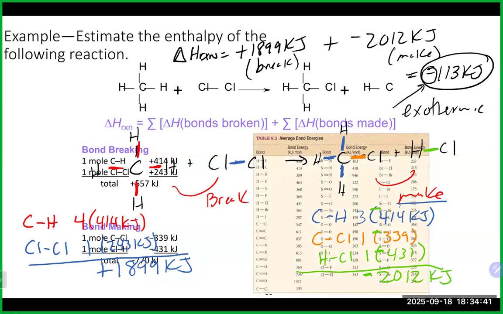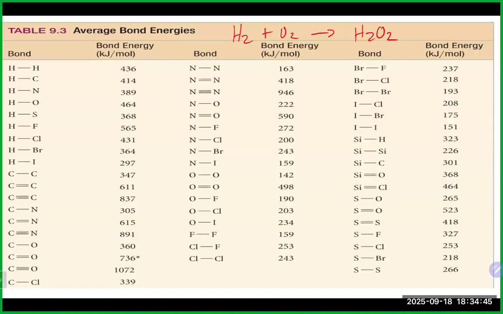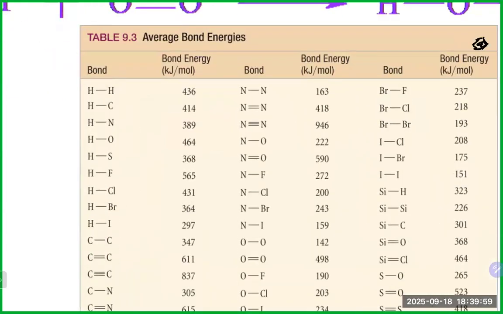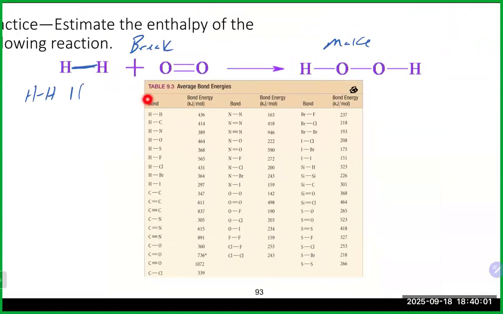All right, so why don't you try one here? H2 plus O2 makes H2O2. Again, make everything on this side. So we definitely have a hydrogen single bond we're going to break, and that looks like it is 436 on the chart.